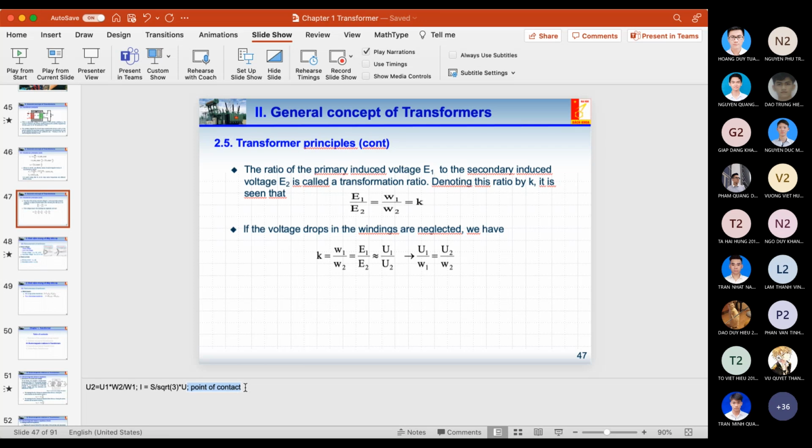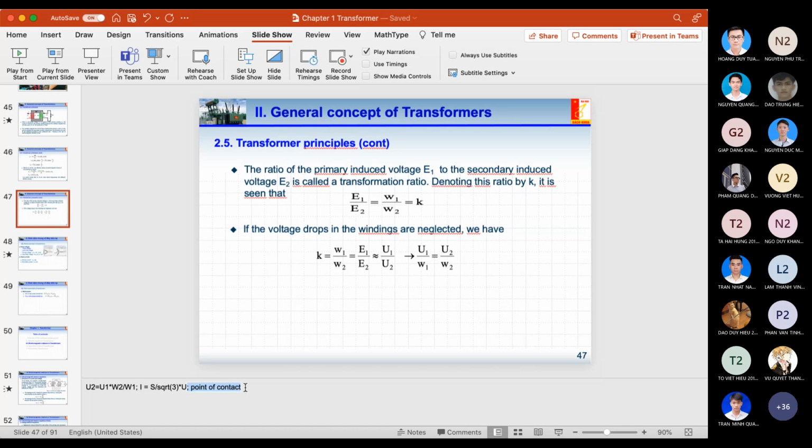The first one is that the high voltage winding is located far from or outside the low voltage winding, far from the magnetic circuit, so it's very easy to change the turn number of that winding. The second idea is that when we change the turn number of the winding with the high voltage, the point of contact is very easy to produce.